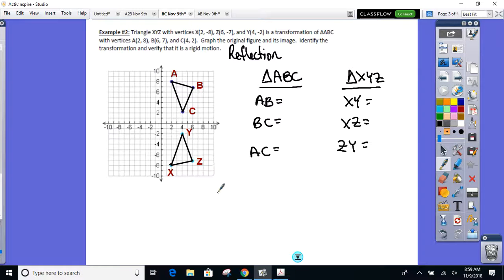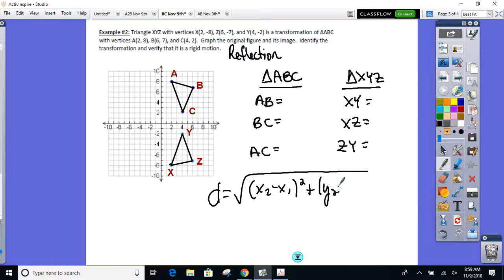And again, reminder, distance formula, so we all are on the same page: D equals the square root of x2 minus x1, all squared, plus y2 minus y1, all squared. Find your specific distance, confer with your group.